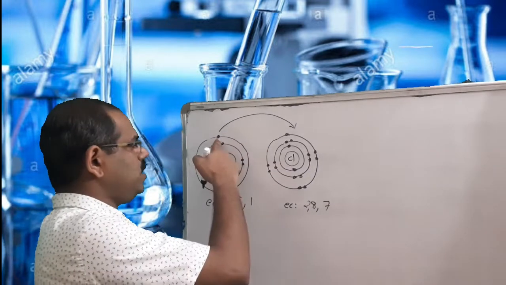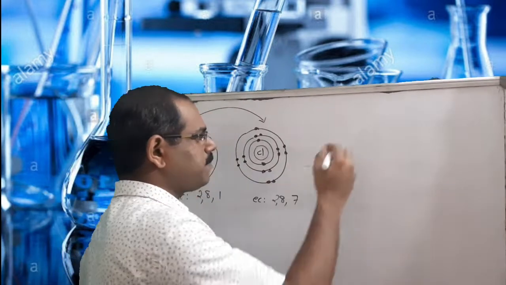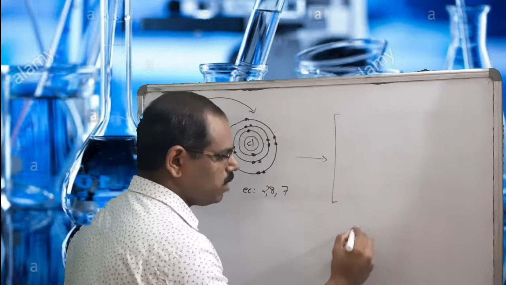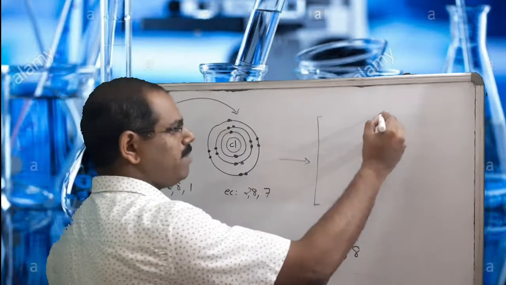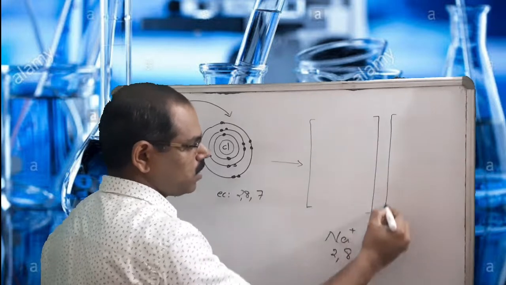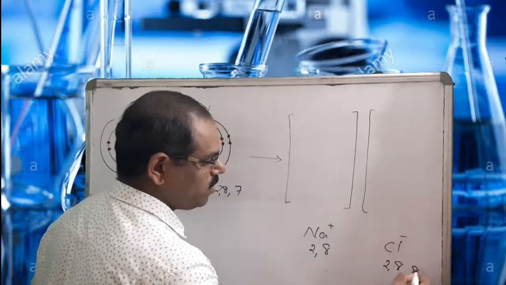See here, sodium loses, chlorine gains. So after that, we see sodium becomes sodium ion, that means 2, 8, and chlorine becomes chloride ion, that means 2, 8, 8.